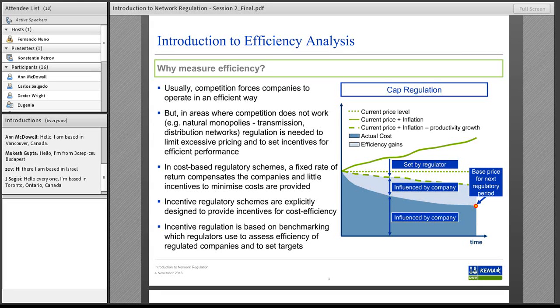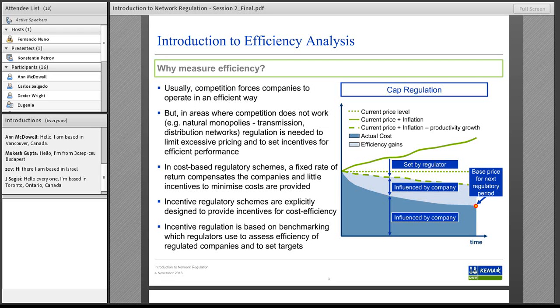This is how regulation has really been working in the last years, or in the last decades. Regulators have constructed mathematical models, and we'll come to this point in a minute, and they have tried to measure the efficiency. They have derived inefficiency or efficiency scores, and then efficiency increase targets, and then they integrated these targets in the price control process.